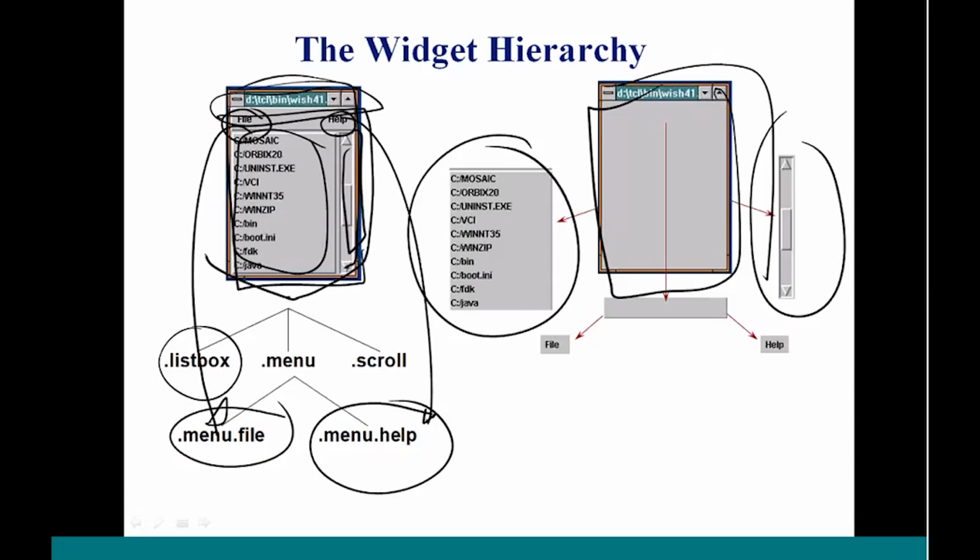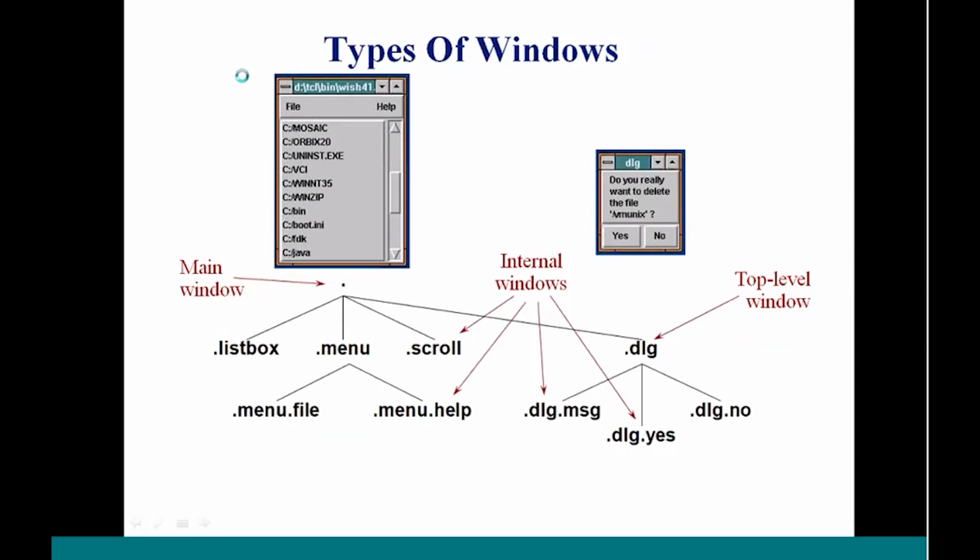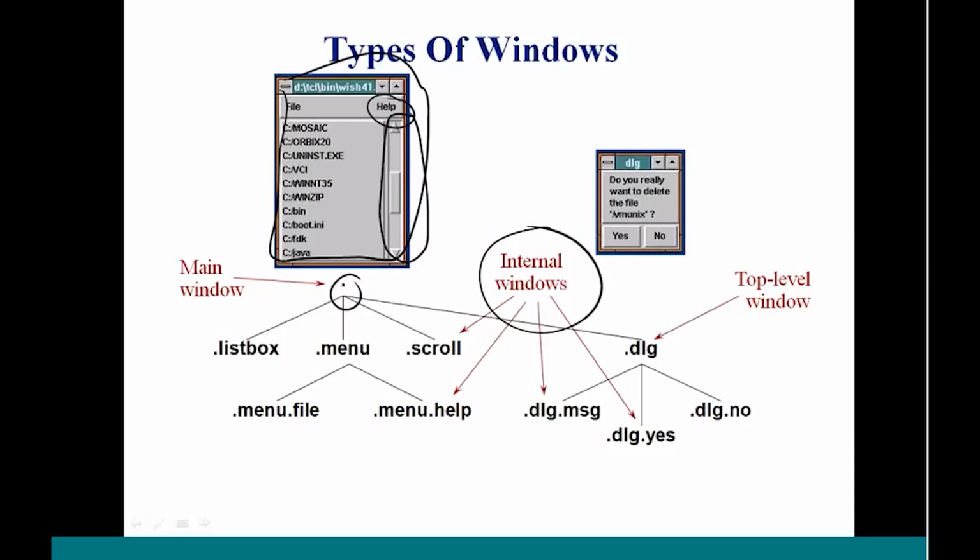So this entire thing. Now let's see how it works. There are three types of windows as you can see here. One is the main window, which is this whole thing in red. You can have an internal window which is scroll, it has its own window, and the menu help has its own window when you click and open, and then file will have its own window.